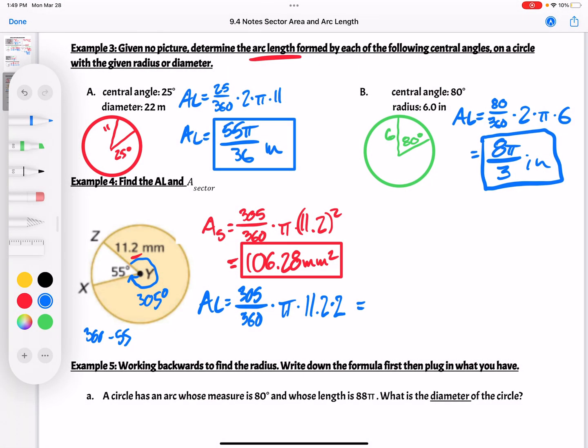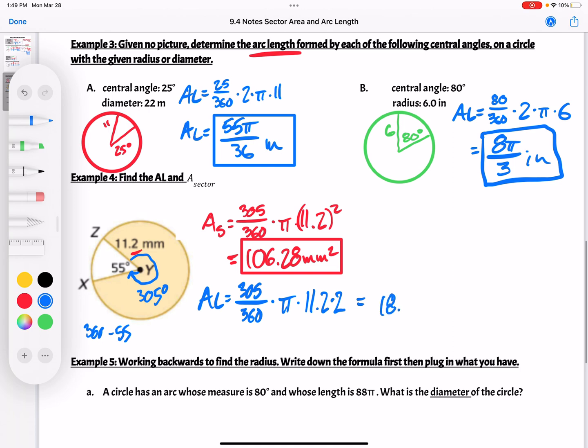I didn't put pi in the last one. So this is 18.98 pi millimeters. And up here, I need a pi in this answer. So this needs to have a pi millimeters squared.